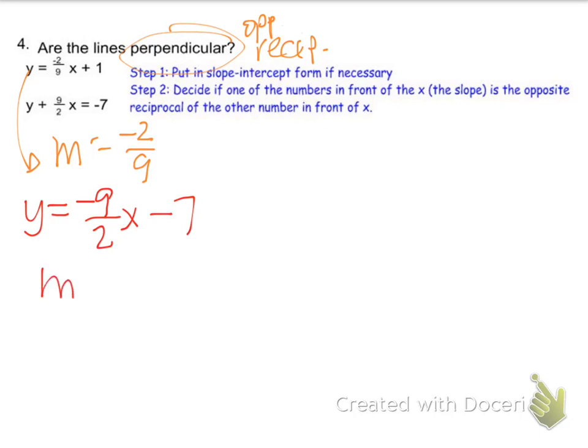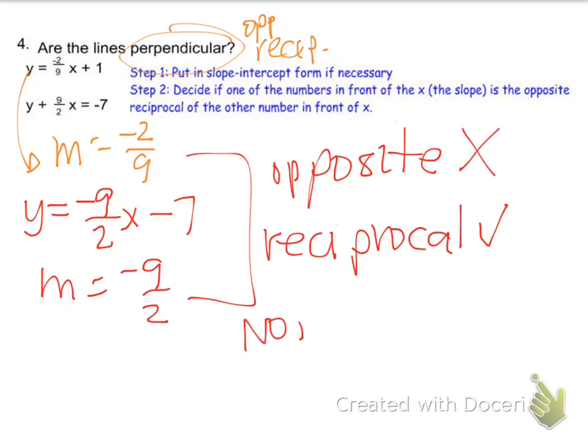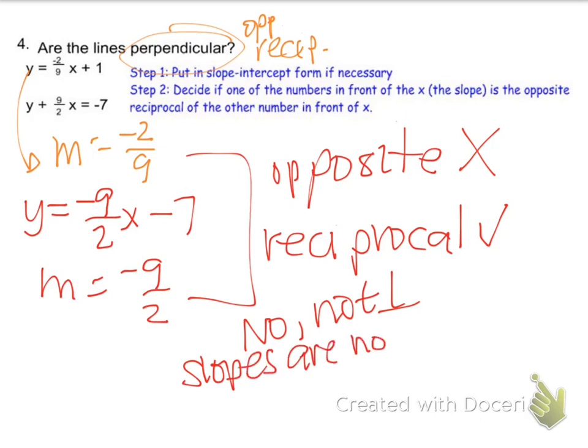Here, my slope is -9/2. Now, if I look at these, they are opposites. No, they're not opposites. We've got to look at our rule. Are they opposite reciprocals? Yes, they're reciprocal. No, they're not opposite. So no, they're not perpendicular. When we say explain, our slopes are not opposite.